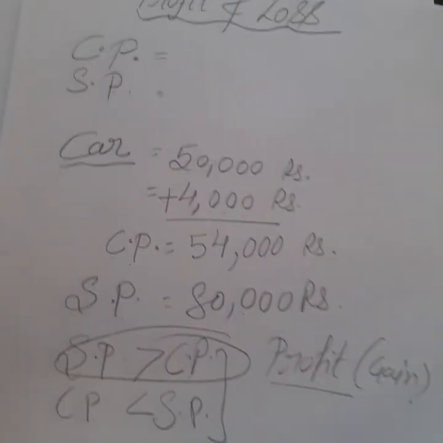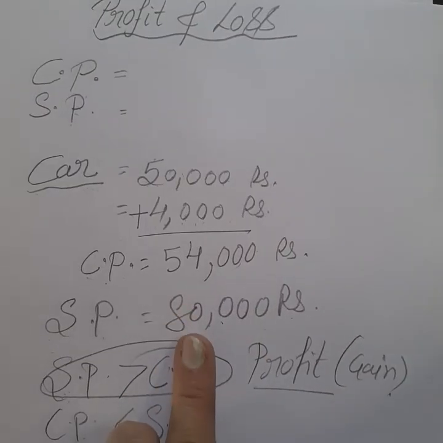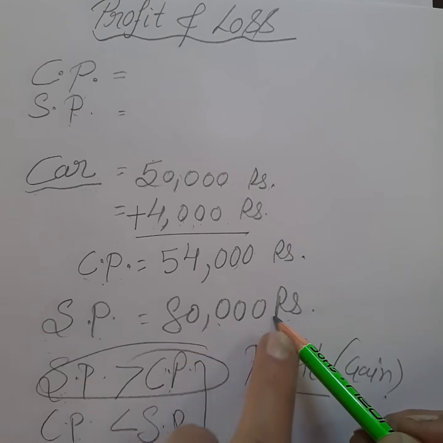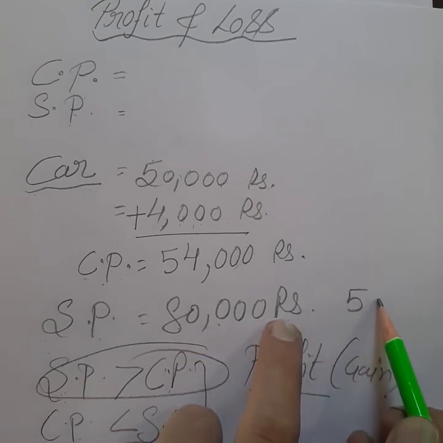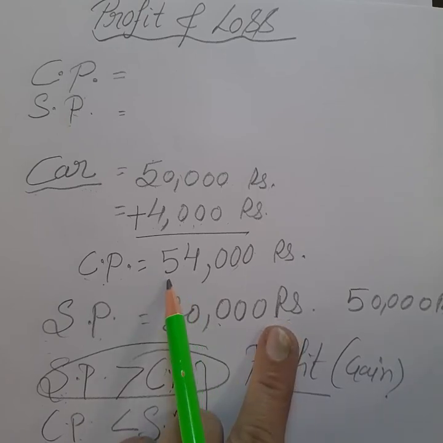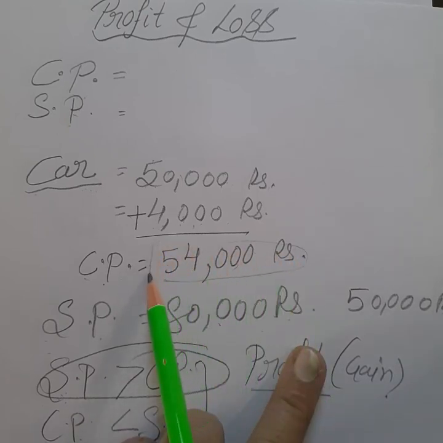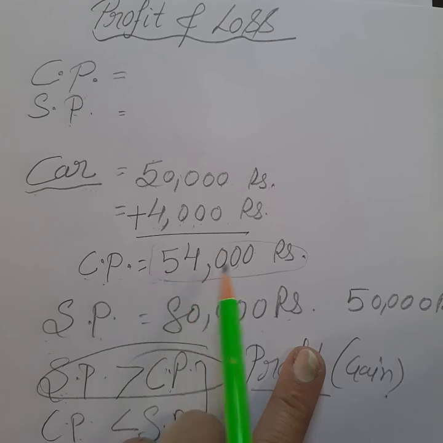In the same example, suppose he sells his car not for 80,000 but for 50,000. Then he has a loss, because he purchased it for a total cost of 54,000 and the selling price is 50,000.